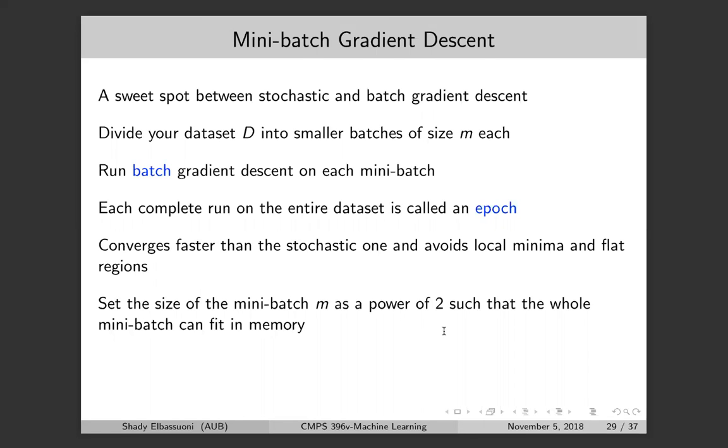How does it avoid the local minima and flat regions? Remember, in batch gradient descent, it's looking at the whole error function, so I'm minimizing with respect to the whole error function and I might get stuck in a local minimum.